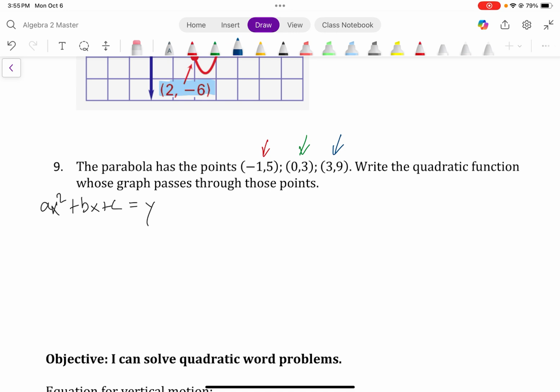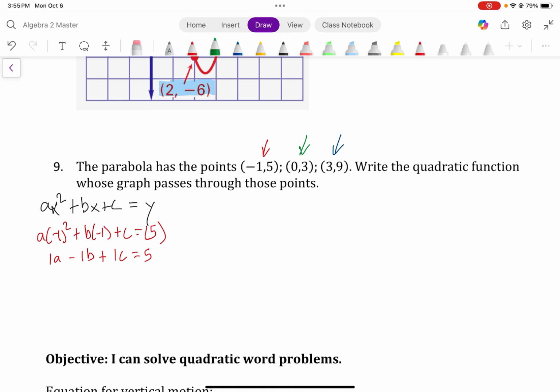So for this red -1, 5, I'm going to have a times -1 squared plus -1 times b, I'll put b first, plus c equals 5 for my y value. So effectively, I have 1a minus 1b plus 1c equals 5.